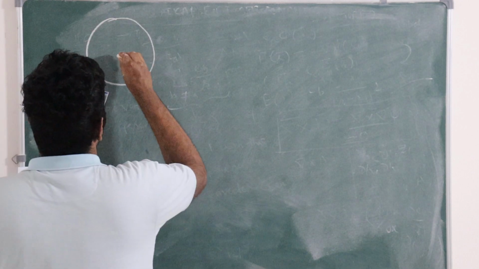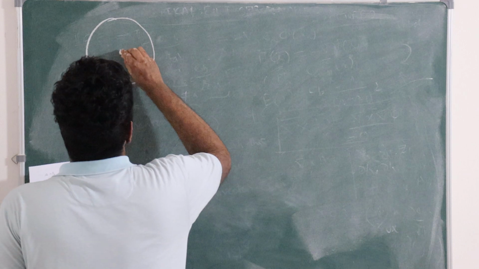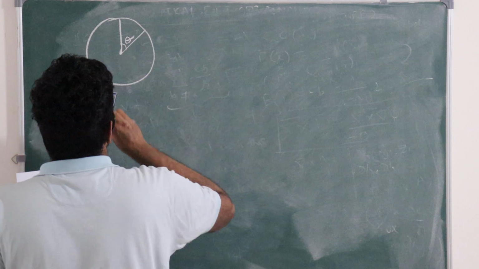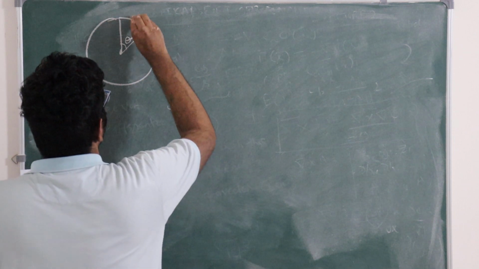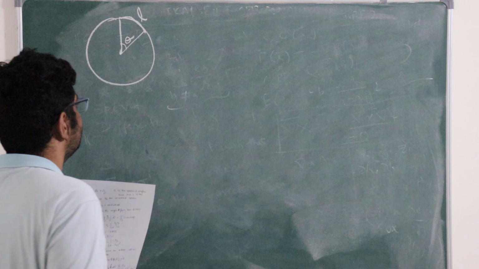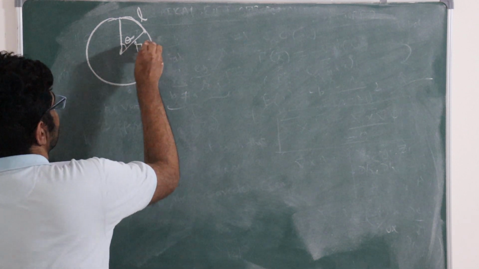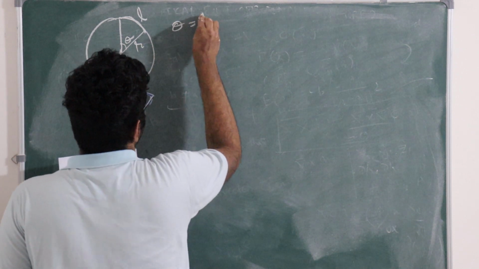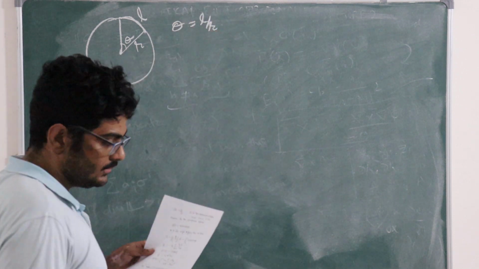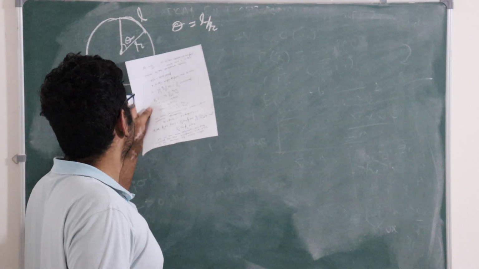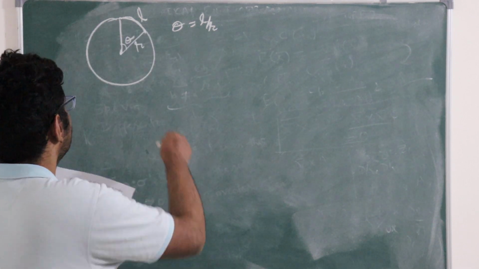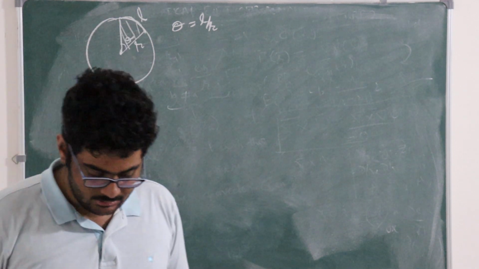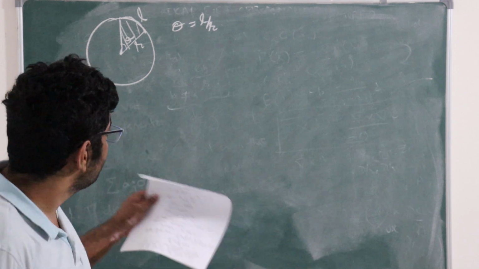It's a circle, and you have an angle theta subtending some length L, and suppose this is a radius R. So we all know the relation: theta equals L by R, where L is the arc length subtended by this particular angle in the sector of the circle. But this is two-dimensional.